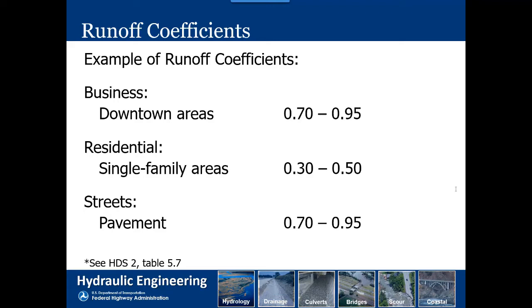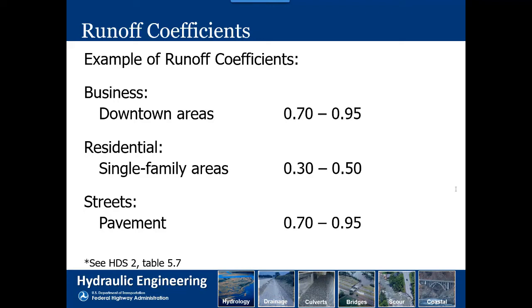So, anyway, if you're in a downtown area, you have a range of coefficients you could use, 0.7 to 0.95. Residential areas, single family areas, 0.3 to 0.5. Pavements, 0.7 to 0.95. You might be thinking, how do I know what number to pick? Well, if you're in a single family area and you have large lots, maybe acre lots, so it's not a lot of impervious area, you might say it's 0.3, because your soils are silts or sands or whatever, and most of the water will infiltrate.